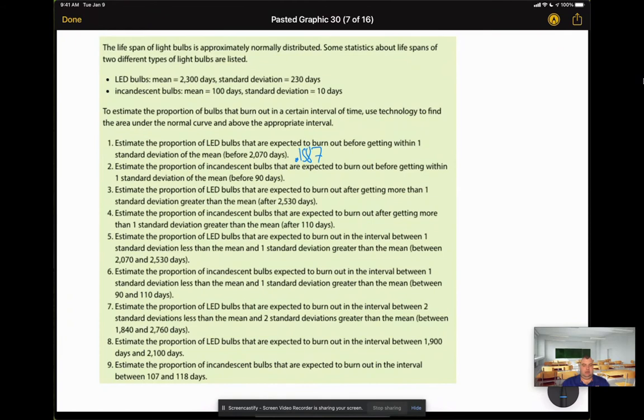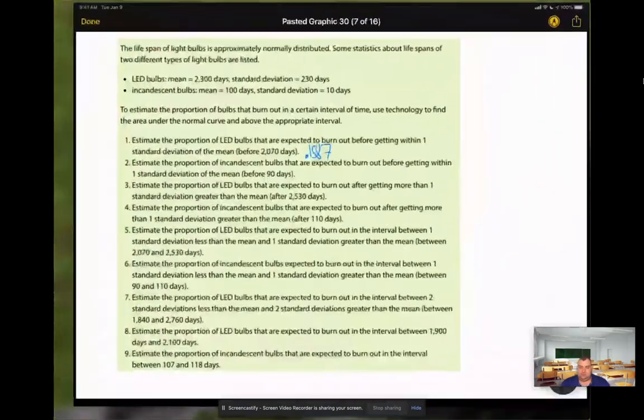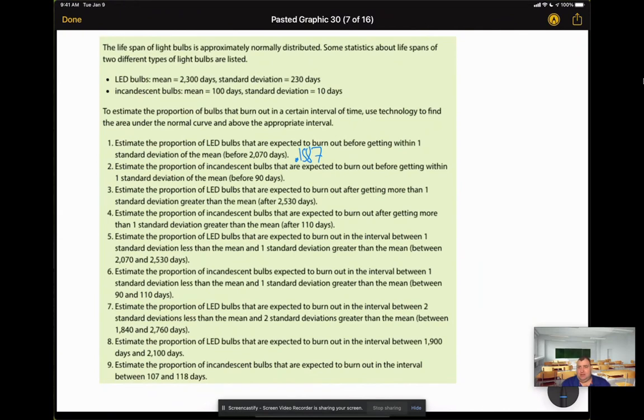So let's actually just answer all the ones having to do with LED bulbs. So we'll skip ahead to number 3. Now we want the proportion of LED bulbs that are expected to burn out after getting more than one standard deviation greater than the mean. So after 2,530 days. Again, we're dealing with LED bulbs, so we're going to have the same mean and the same standard deviation.